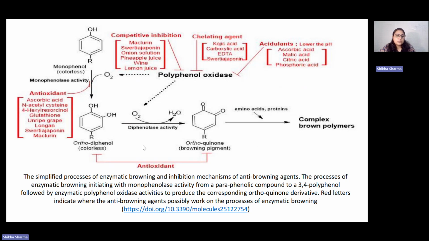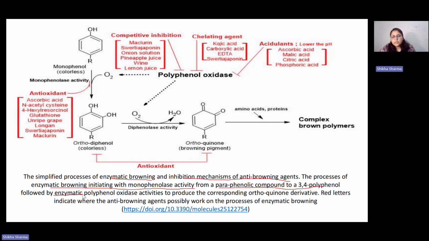This is a simplified process of enzymatic browning and the inhibition mechanism of anti-browning agents. The process of enzymatic browning initiates with monophenolase activity from a paraphenolic compound to a 3,4 polyphenol.